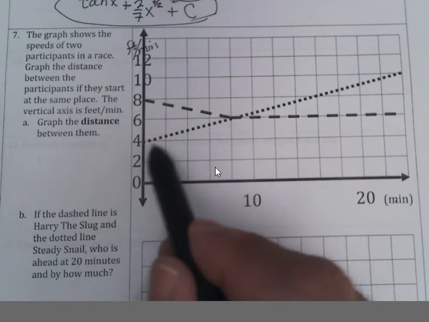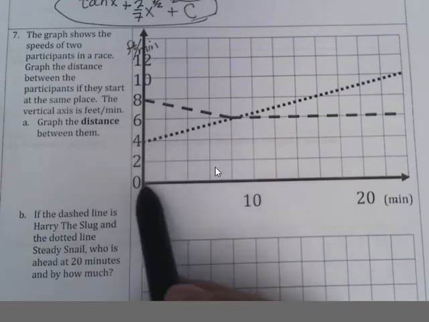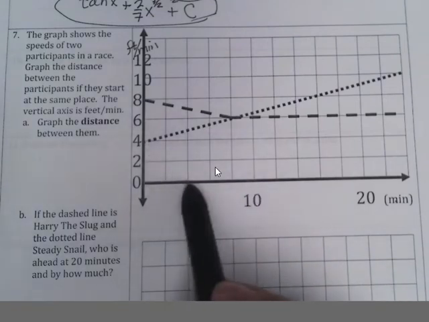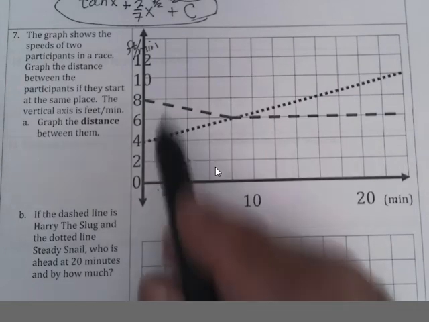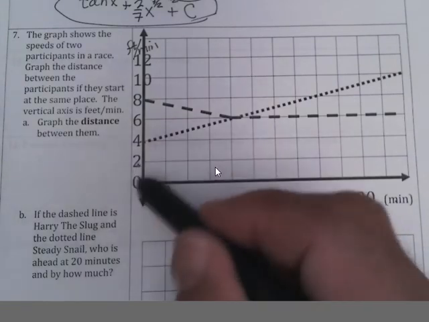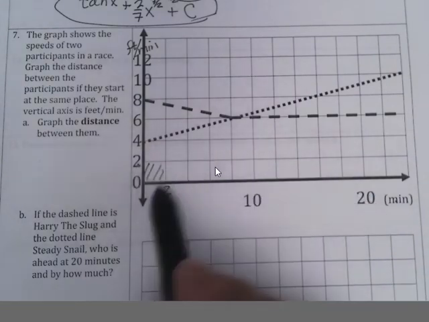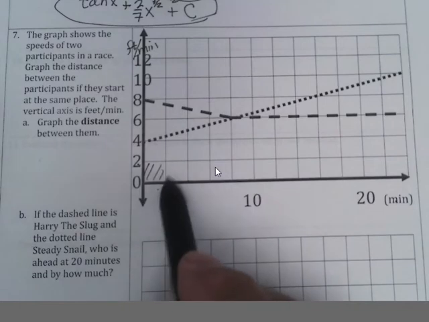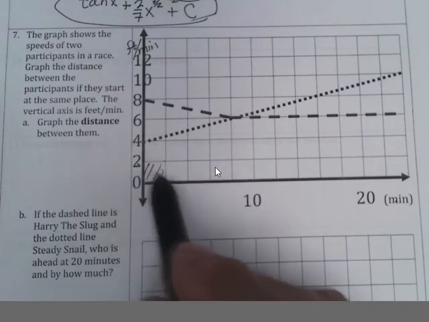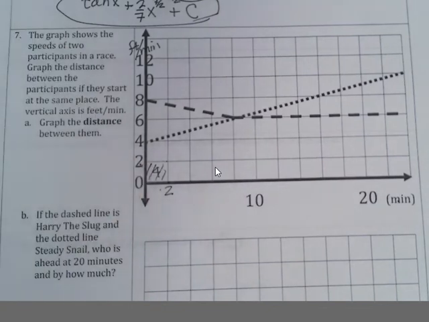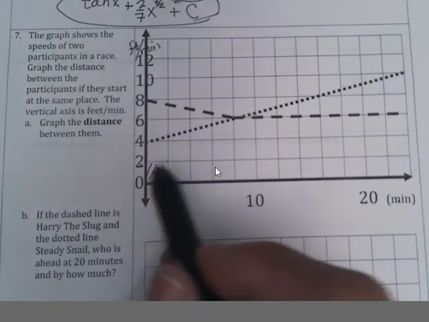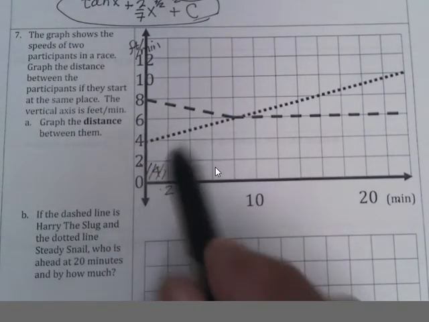And these squares are, let's see, they're 2, 4, 6, 8, 10. So these are 2 minutes apart. And they're 2 feet. So in 2 minutes, this would be 2 times 2, 4 feet in 2 minutes. So this is a change in 4.